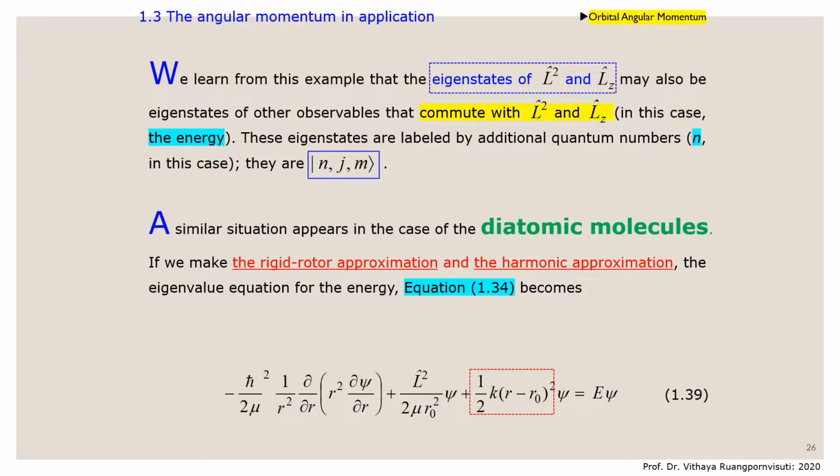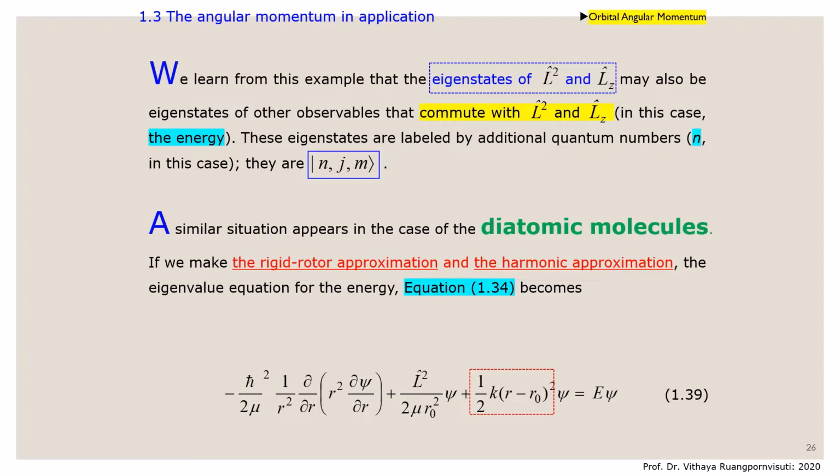We learn from this example that the eigenstates of L square and Lz may also be eigenstates of other observables that commute with L square and Lz, in this case the energy. These eigenstates are labeled by the additional quantum number n. In this case, they are the functions n j m.